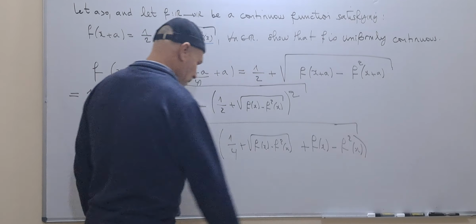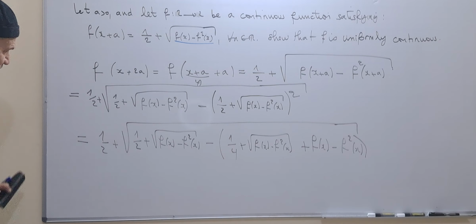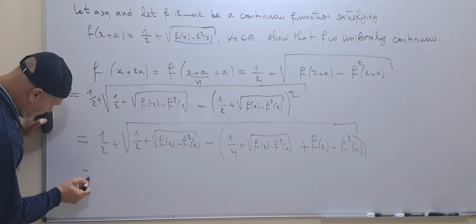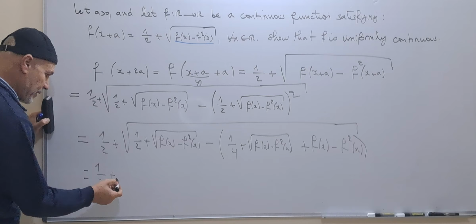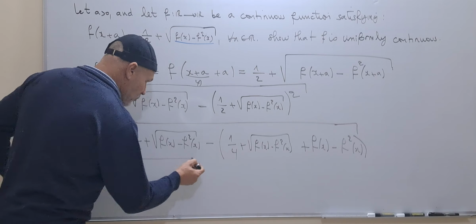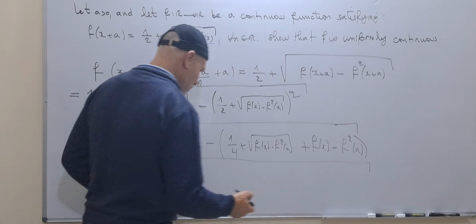And here we close the brace. This is equal to 1/2 plus the square root of all this.